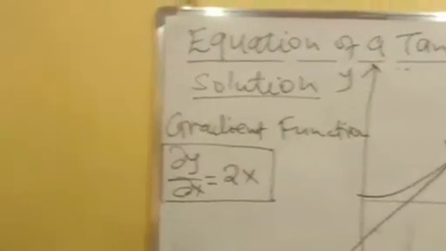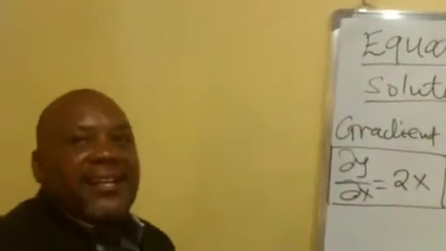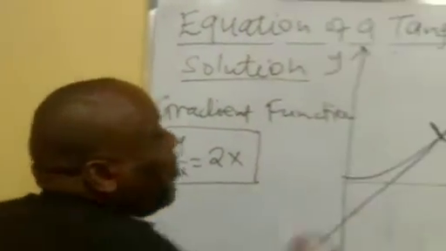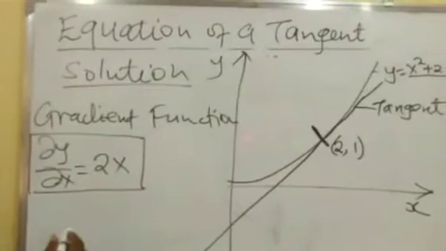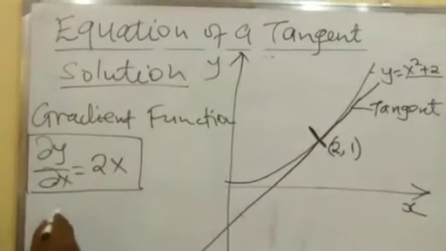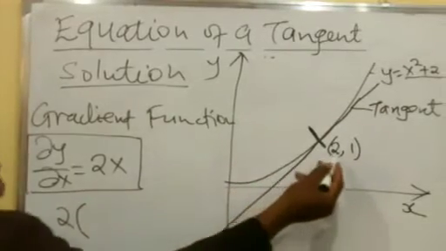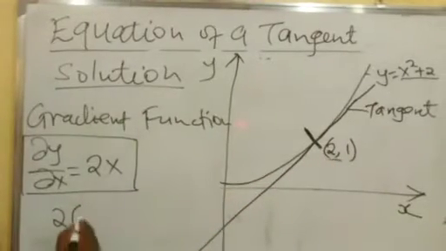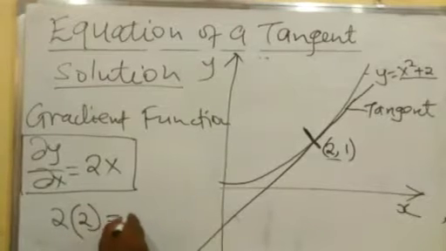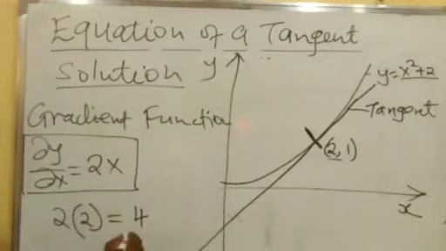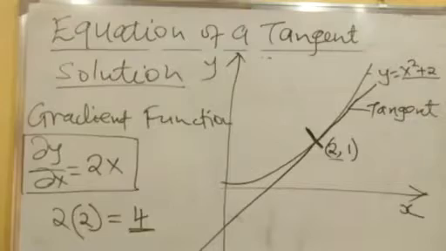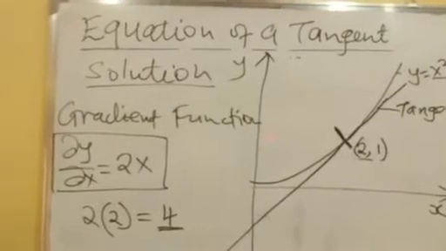Now we proceed to get the gradient at that particular point. We have 2x, and we substitute the value of x, which is 2. So the gradient at that particular point is 4.